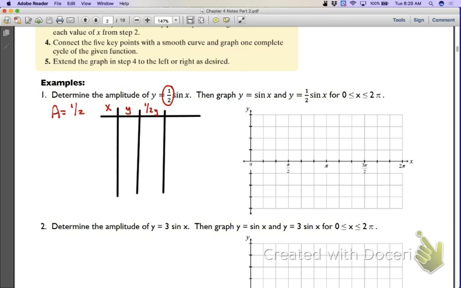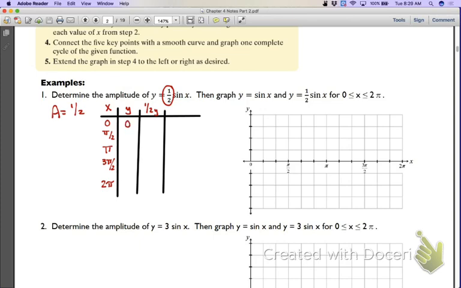Use values that are easy to graph. So at every change at pi over 2, pi, 3 pi over 2, and 2 pi, those are values that are going to be nice and neat to graph, as far as my original function.